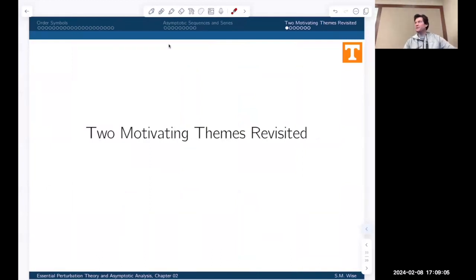So we got through the notation portion and the basic examples. Now we want to go back and tidy up a couple of the problems that we introduced in chapter 1. There was the problem that we started with, Stirling's approximation.